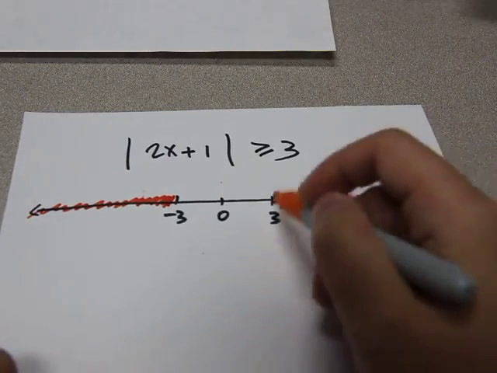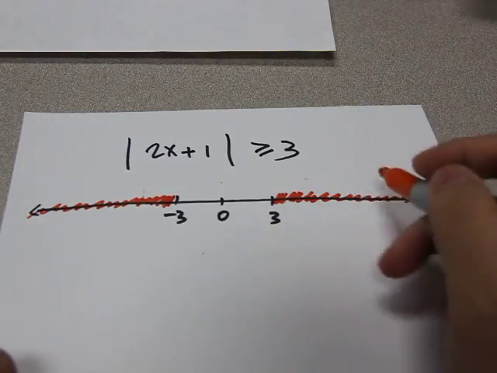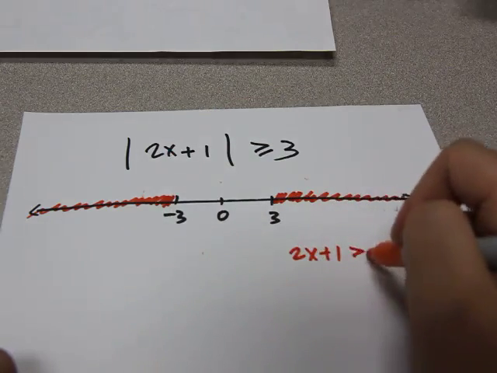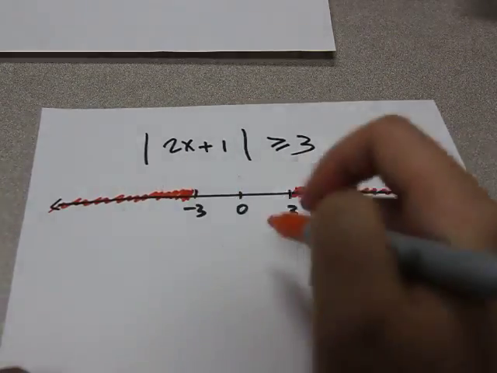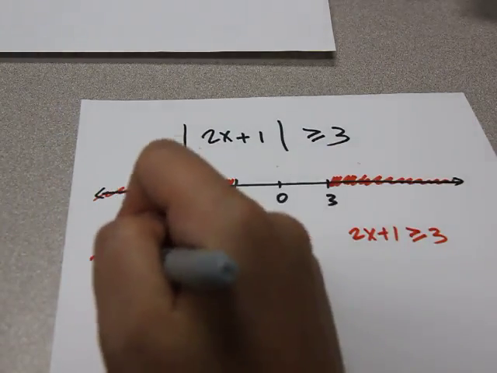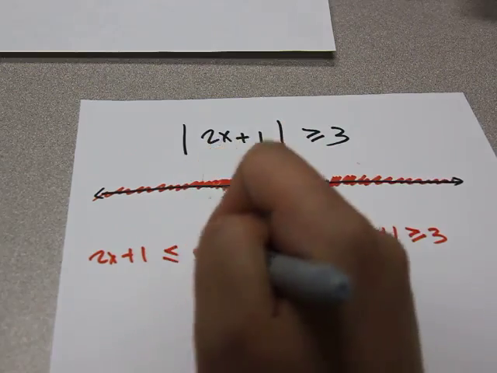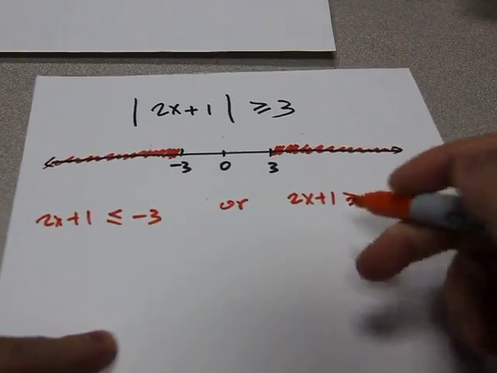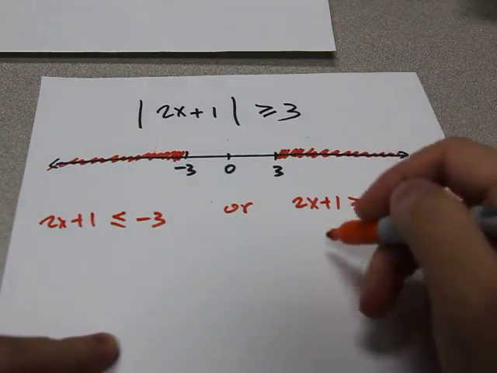So this area shows that 2x plus 1 is greater than or equal to 3, or this area shows that 2x plus 1 is less than or equal to negative 3. Then we solve for each inequality.